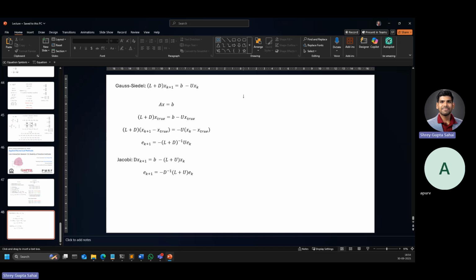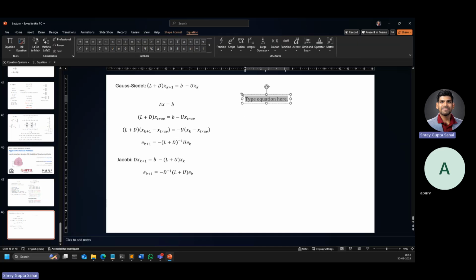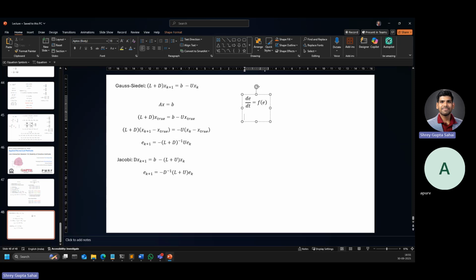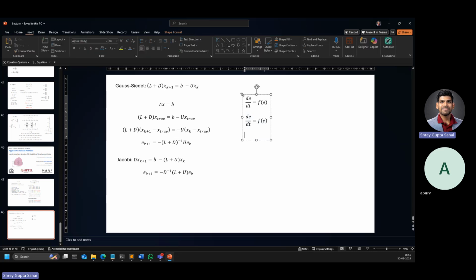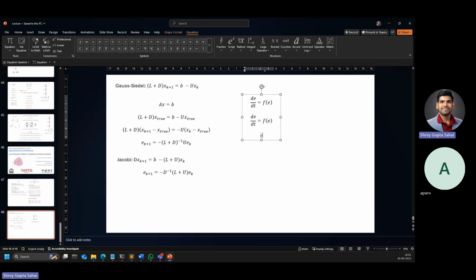What I'm trying to say is that we are writing some function of e. This is what this equation is. Suppose you had a dynamical equation of some sorts, let's say de by dt is some function f of e. And now we do that Euler discretization.